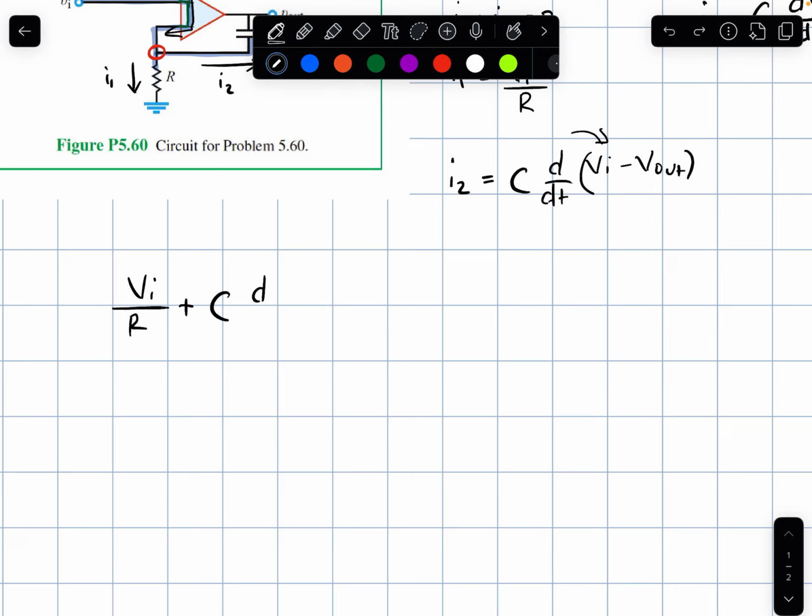So then that means it's going to be C times the derivative, if I do split it, dVi dt minus dV out dt.